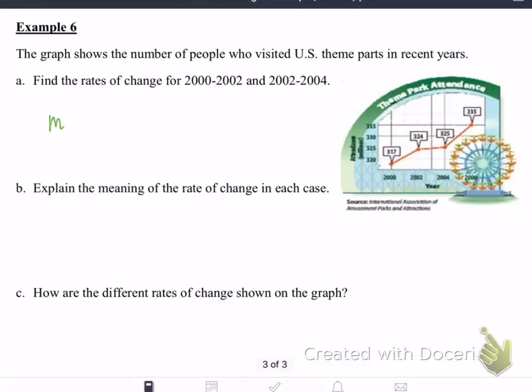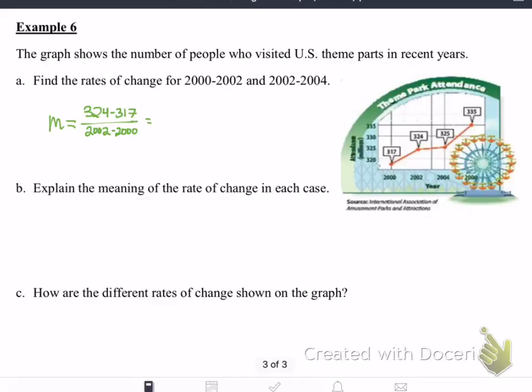So my slope m is equal to, my y value going up and down is 324 minus 317. I just need to find the difference between those two. And the difference between the years is 2 years, right? 2002 to 2000.